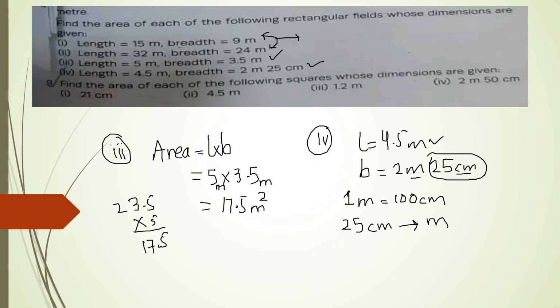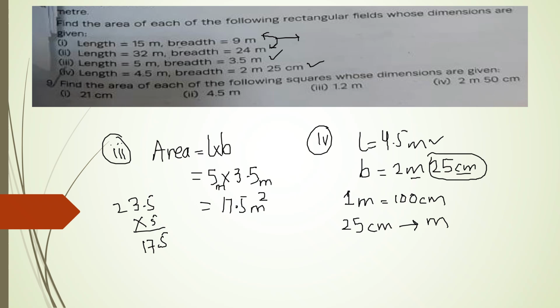Now see, you must know that centimeter is a smaller unit and meter is a bigger unit. Normally, when we have to convert centimeter, a smaller unit, into a bigger unit, what we do is we divide that number by the conversion we have used. For example, in this case, we have to convert 25 centimeter to meter, and we know 1 meter is equal to 100 centimeter.